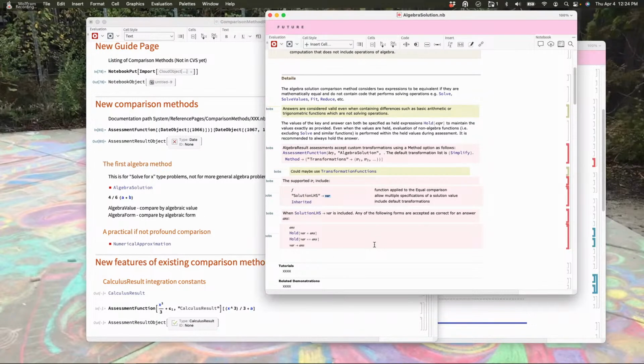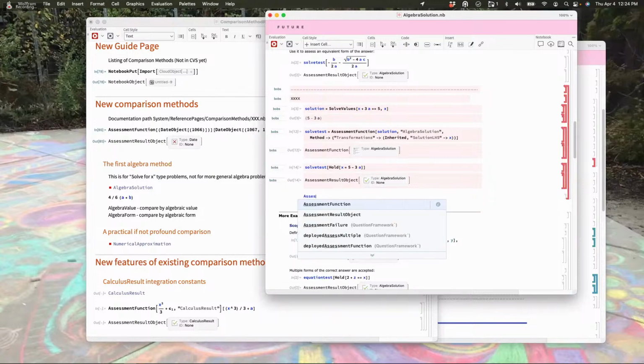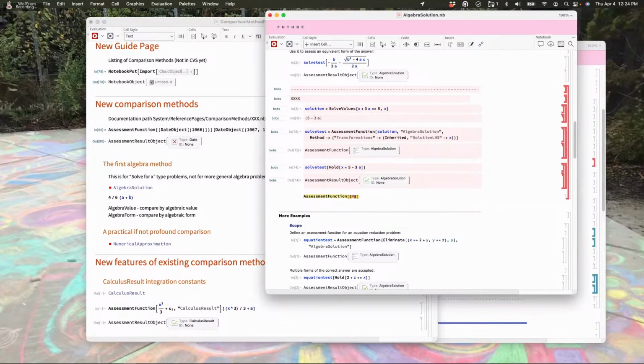Why not just give the function as either hold of hash ampersand, or hold of x equals hash ampersand, or whatever else? See what I'm saying? The assessment function is giving you the answer, right? So 13 or something.